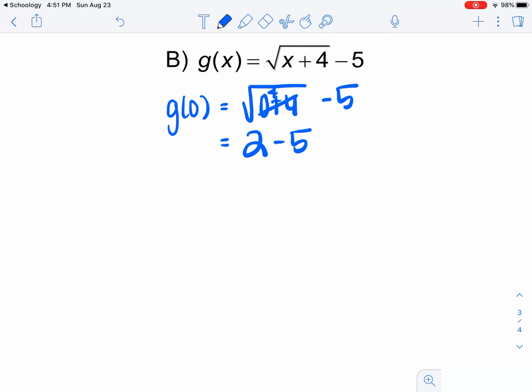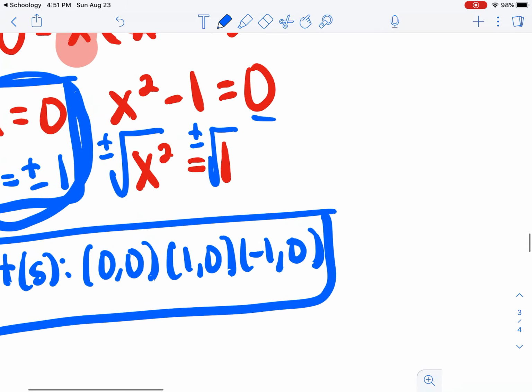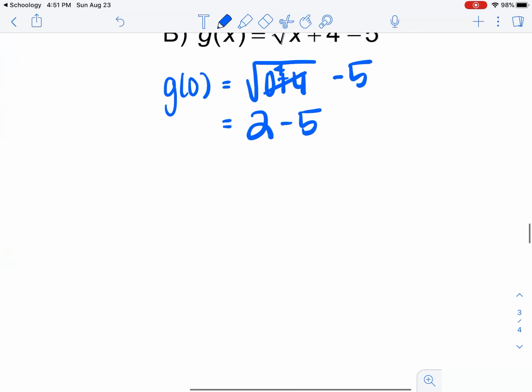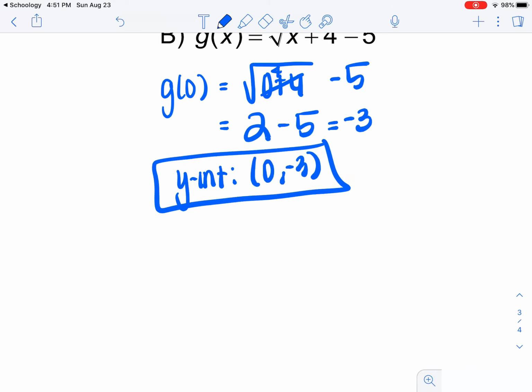Notice I didn't write plus or minus 2 because the square root of 4 is not plus or minus 2. The square root of 4 is 2. When you're solving and you put the square root in, that's when you have to remember to do plus or minus. So here you get negative 3. So my y-intercept is 0, negative 3.